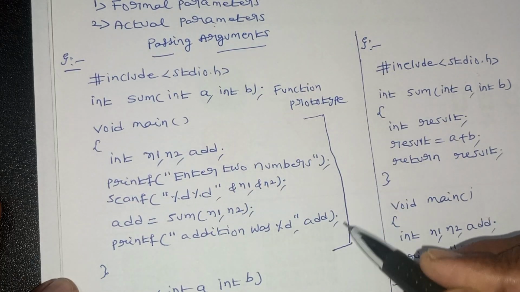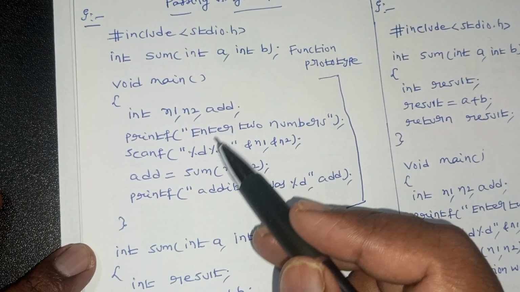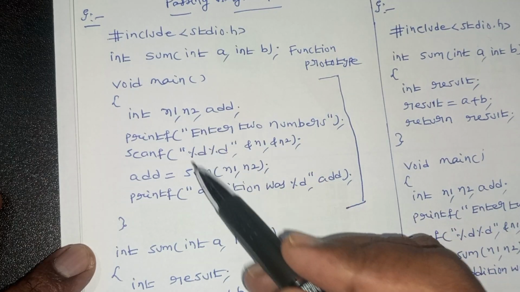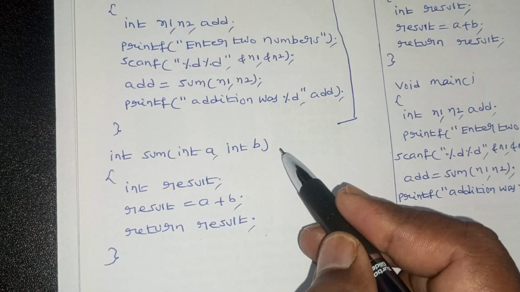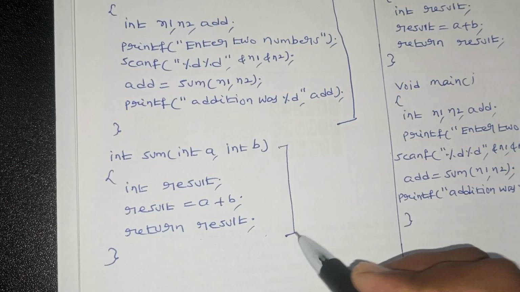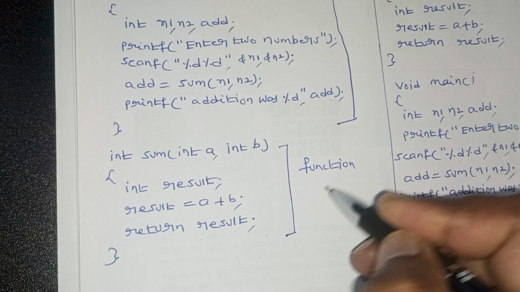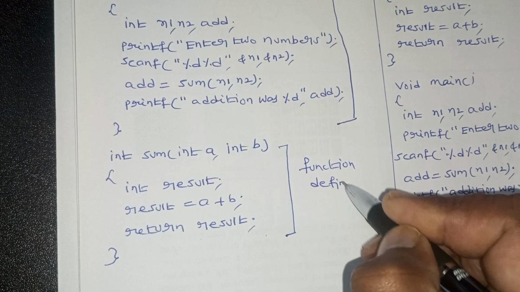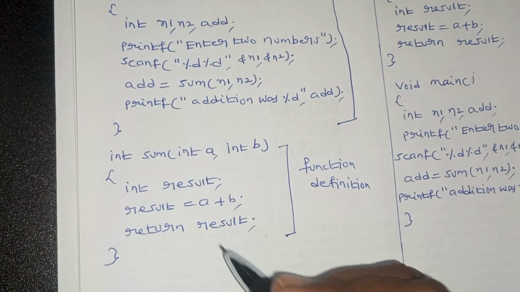This is the main function, or simply you may call it the calling function. Now this is the function definition, or normally you may call it the user defined function.